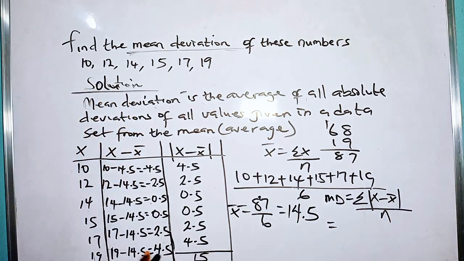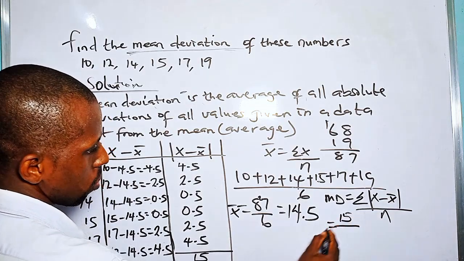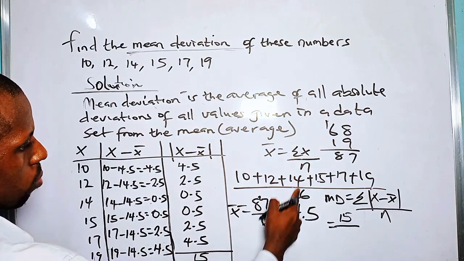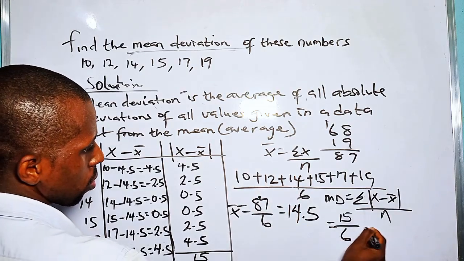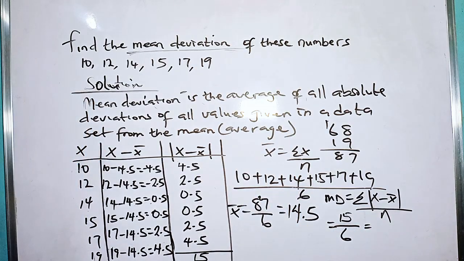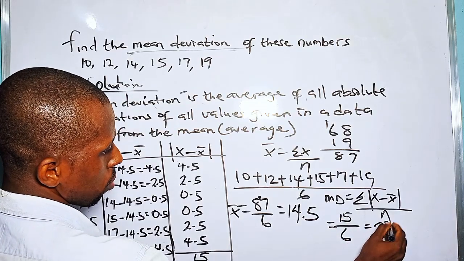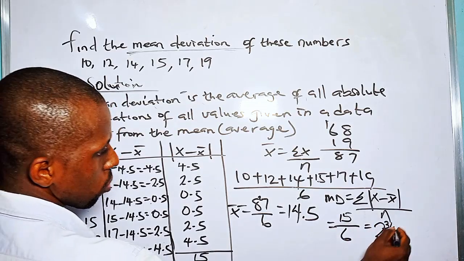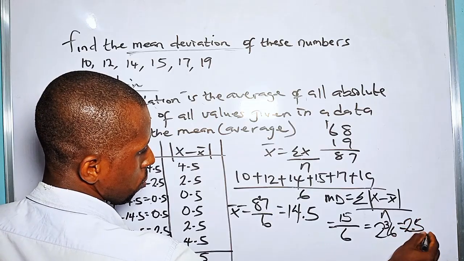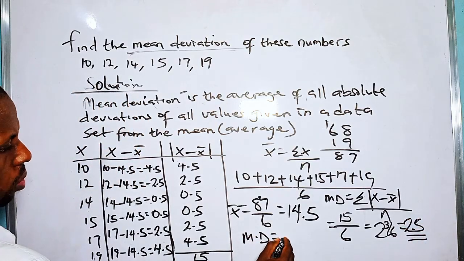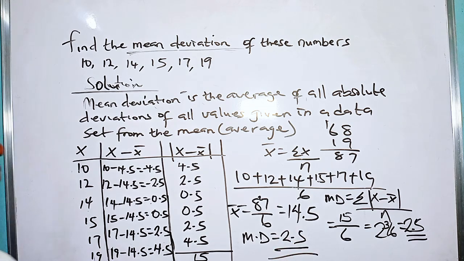The summation is 15, and n is 6. When we divide, 15 over 6 is 2 remainder 3, so 2 and 3/6, which gives us 2.5 as the mean deviation. Thank you very much.